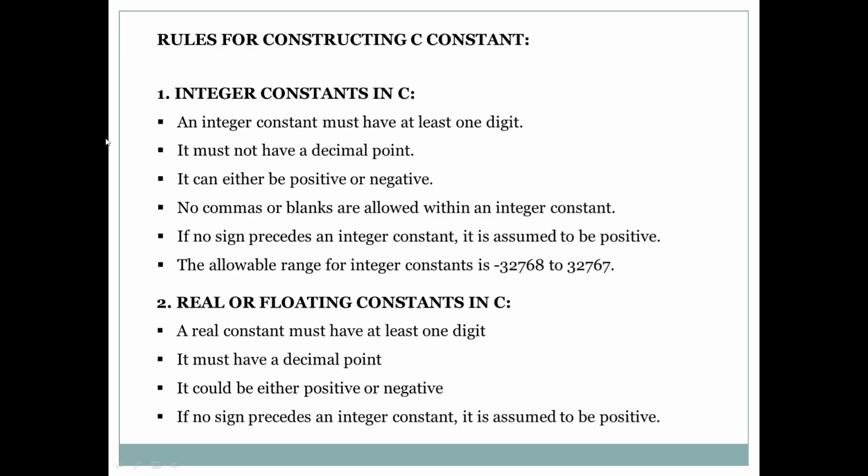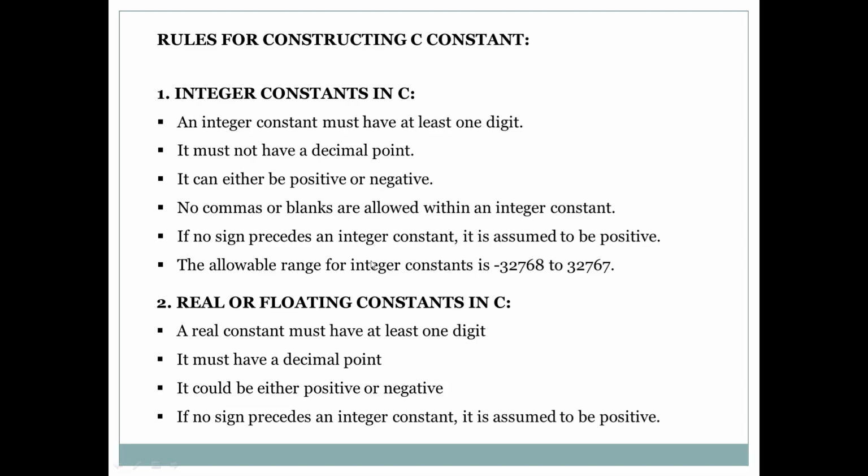Rules for constructing C constants. Integer constant in C. An integer constant must have at least one digit. It must not have a decimal point. As it is an integer, it must not have any decimal point. It can be either positive or negative. No commas or blanks are allowed.